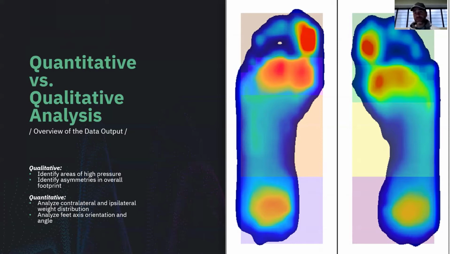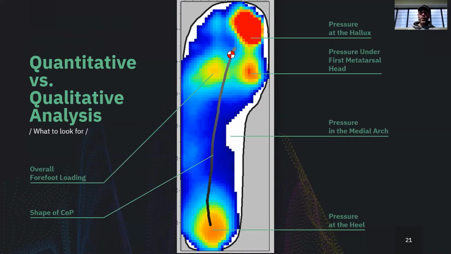Switching to quantitative analysis, you can analyze contralateral and ipsilateral weight distribution, as well as the orientation of the axis of the feet.